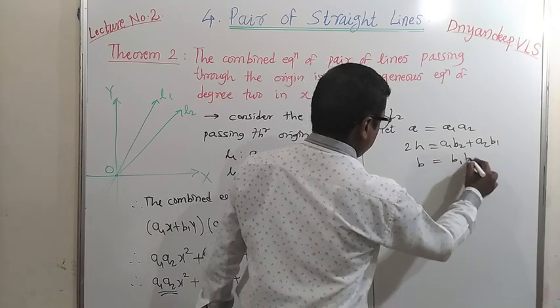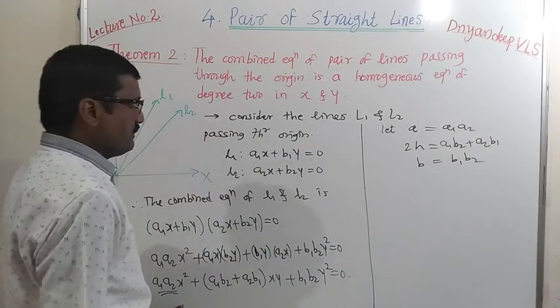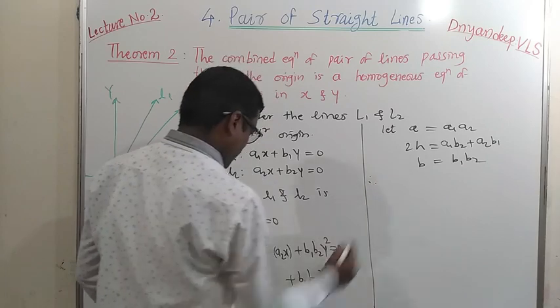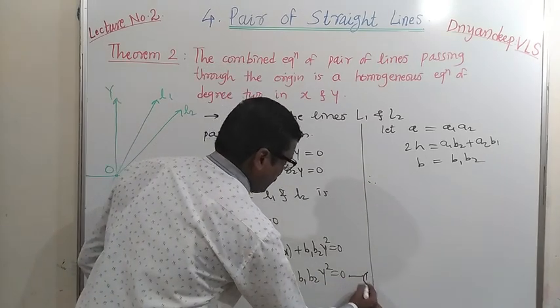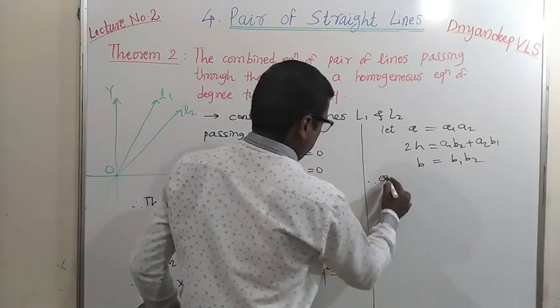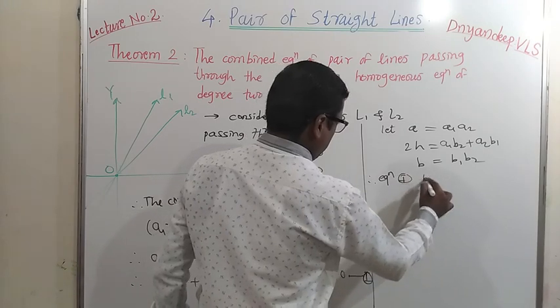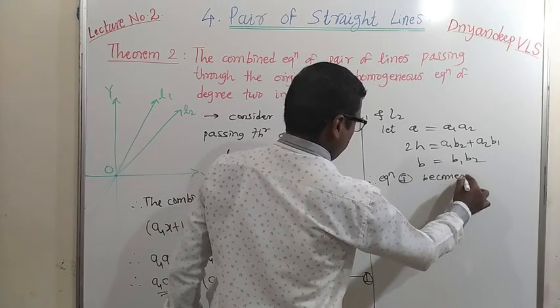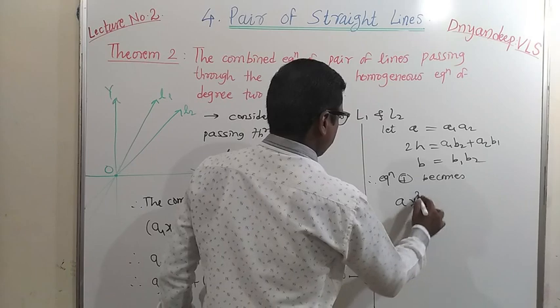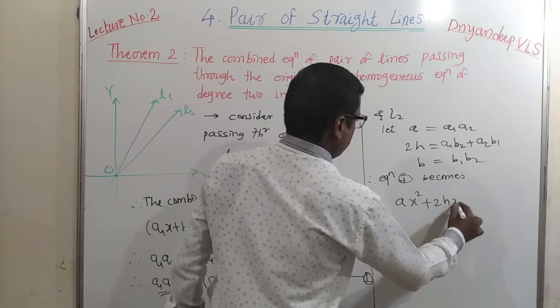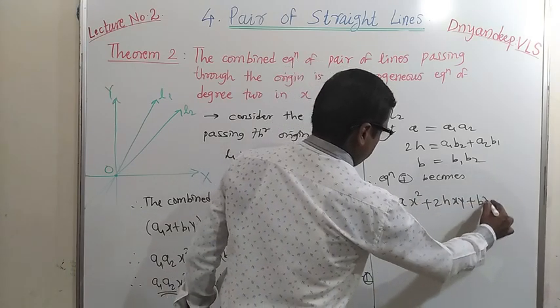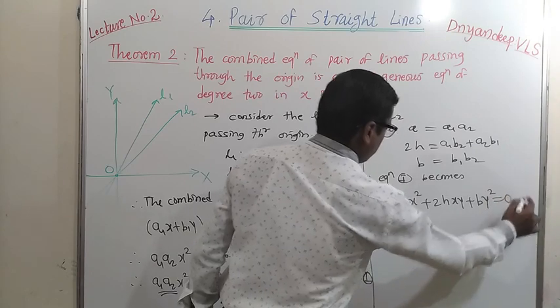So this equation, let us call this first, therefore equation 1 becomes ax square plus 2hxy plus by square equal to 0.